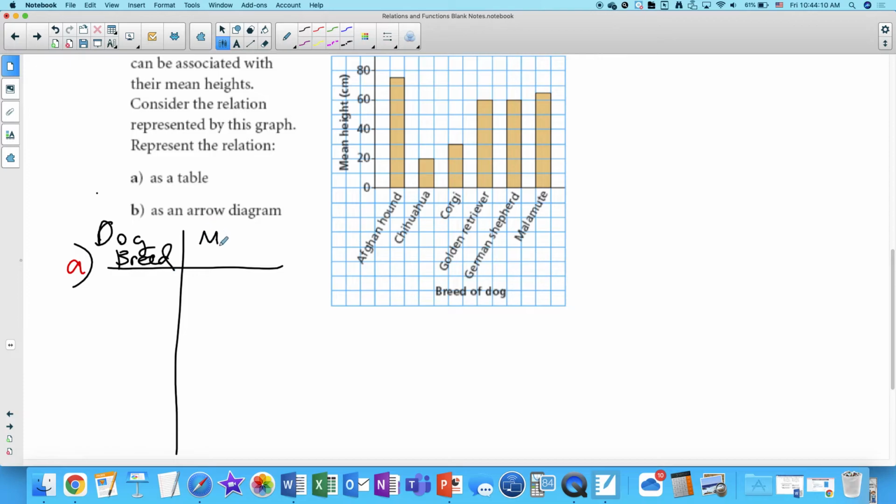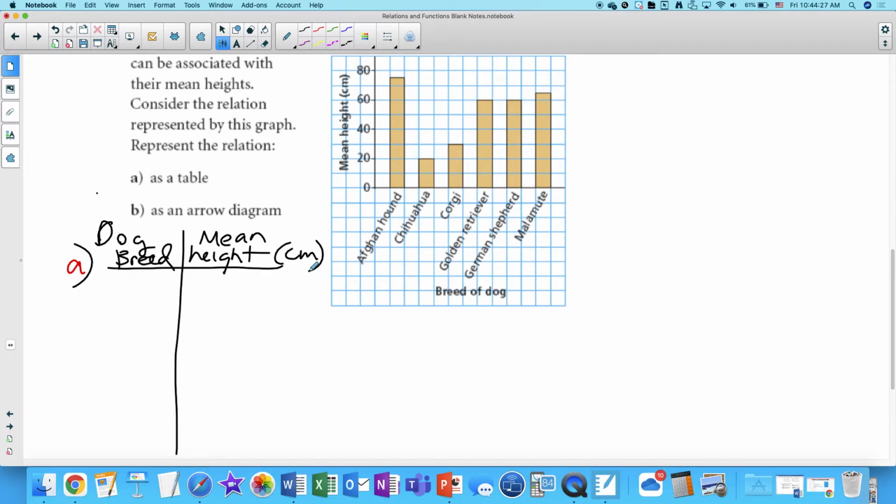Okay, so this one's like, don't think so hard. Just look at the graph, whatever's horizontal is on the left. Whatever's vertical is on the right. I'm going to put in the units here so that I don't have to put the units into every single value in my table of values. Okay, and then I'm just going to list, what are my dog breeds?